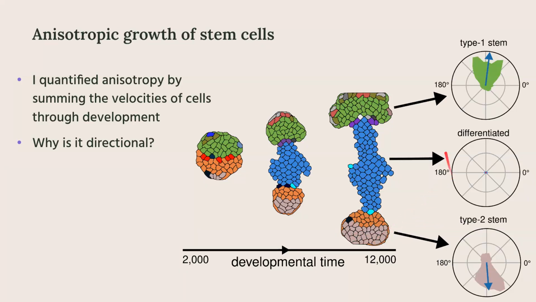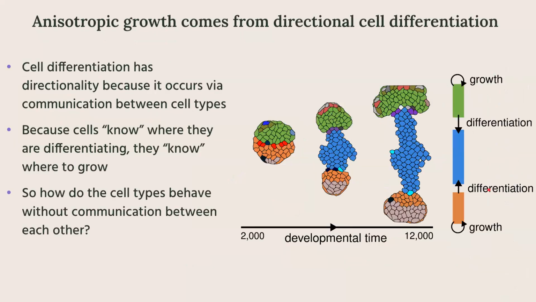And what I found is that these type 1 stem cells clearly have directionality to the way that they move. These type 2 stem cells also clearly have directionality to the way that they move. And these differentiated cells don't actually move at all. The next thing I asked is where that anisotropic growth comes from. So why are they growing with directionality?